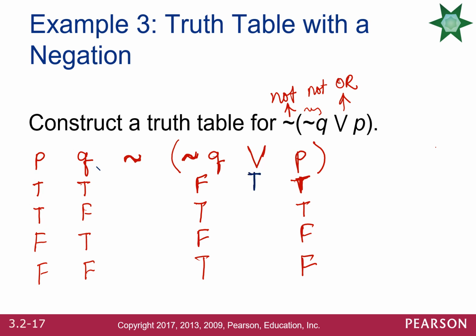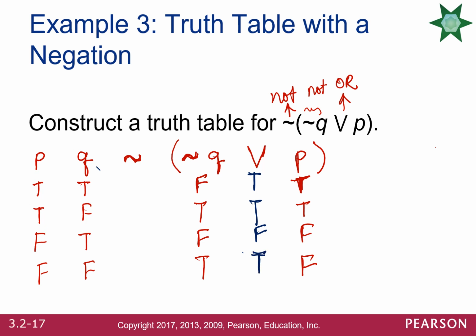Then we have T and T. That's going to be a T also, true. F and F, in the OR statement, the only time when we get an F is when both the statements are F. So in this case, false, false leads to a false. And then the last one is T, F, so that should be a true.